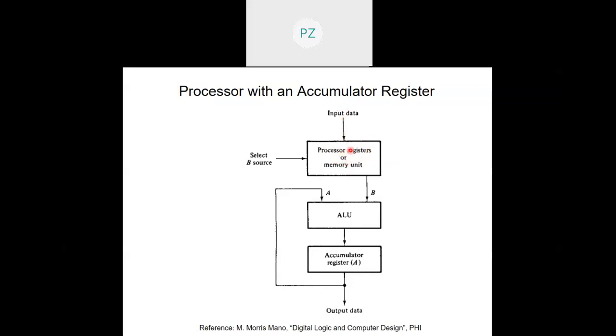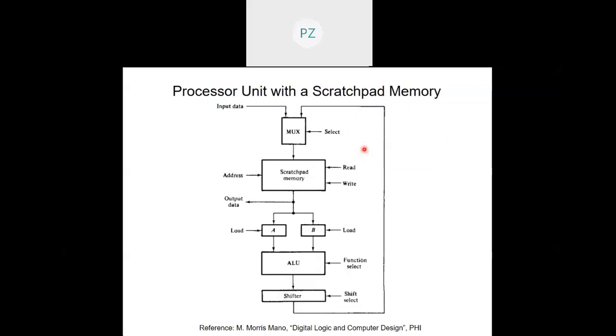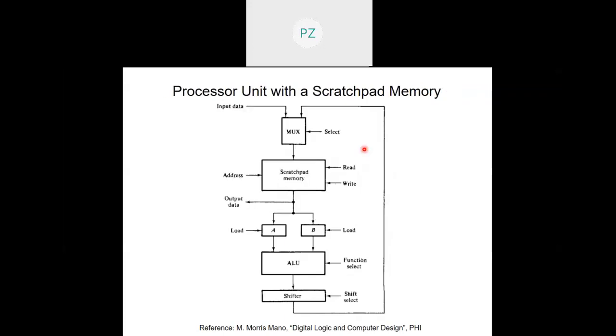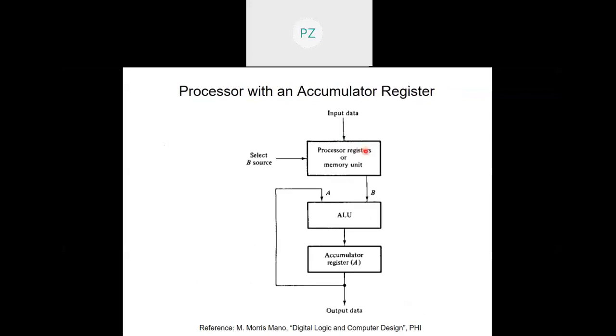You can have either an array of register files, as we have seen in this block diagram, or I can have the memory as I had seen in this block diagram, right? But I need not have a two port memory. A simple scratchpad memory will do, because the memory or the register file is just supplying the B operand to ALU. The A operand comes out of the accumulator itself.